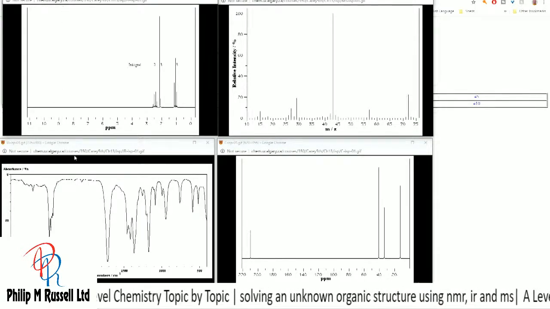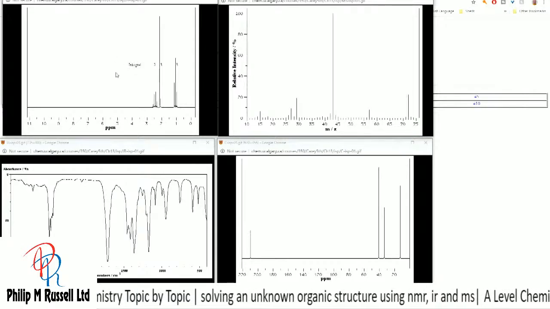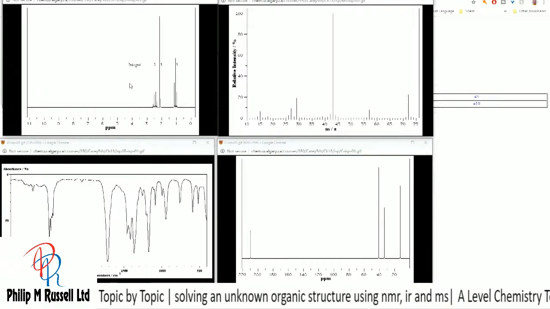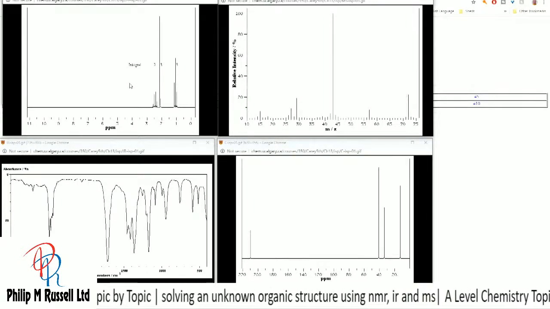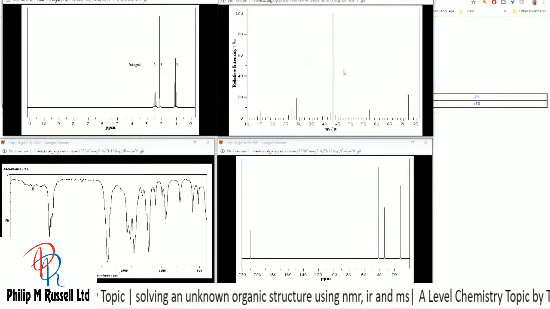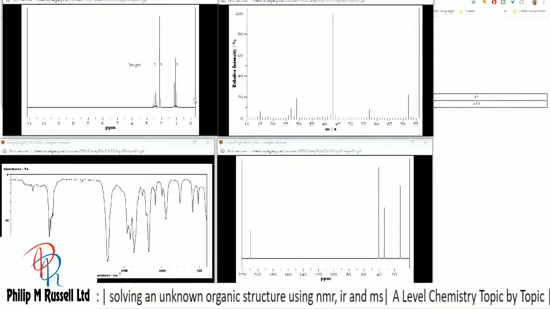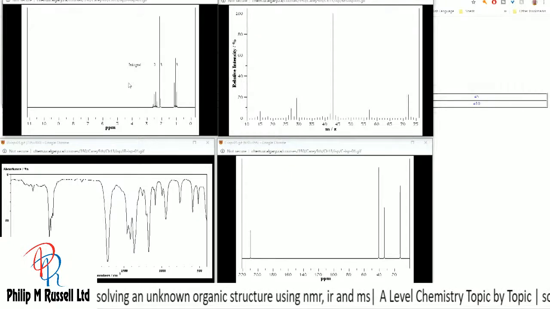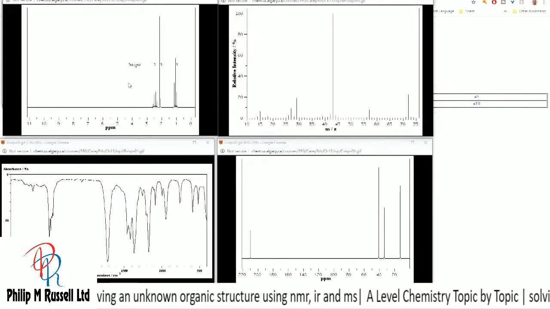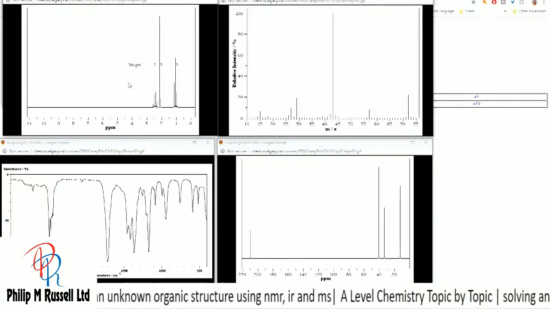We've got IR, we've got mass spec, then we've got carbon NMR, and we've got proton NMR. So let's see if we can look at these and work out what we've got.